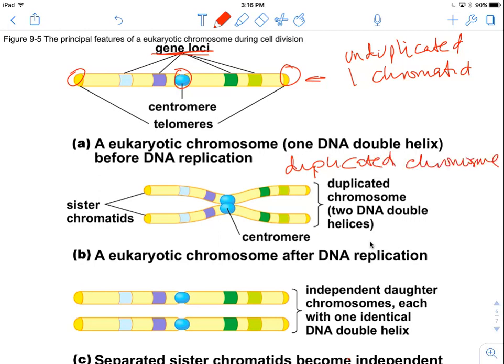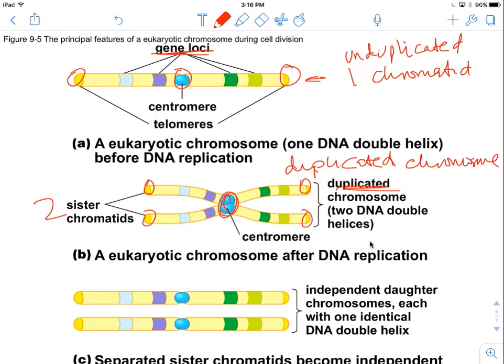So its DNA has been replicated, it's gone through S phase, or it's in a cell that has gone through S phase. And you can see now our duplicated chromosome has two chromatids, and they're called sister chromatids. And now we've got all these telomeres. Telomeres are always the end, and the centromere is in the middle. And you see here, the centromere is holding the two sister chromatids together.